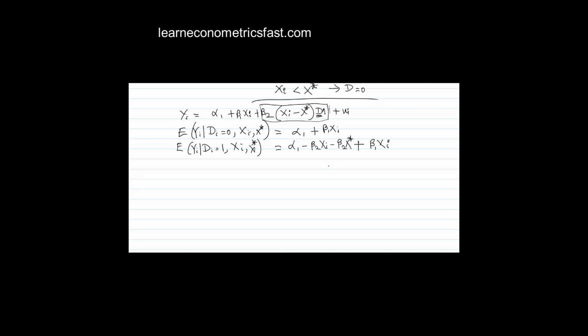So we can take alpha 1 minus beta 2 x star, and this becomes plus beta 1 plus beta 2 times xi.